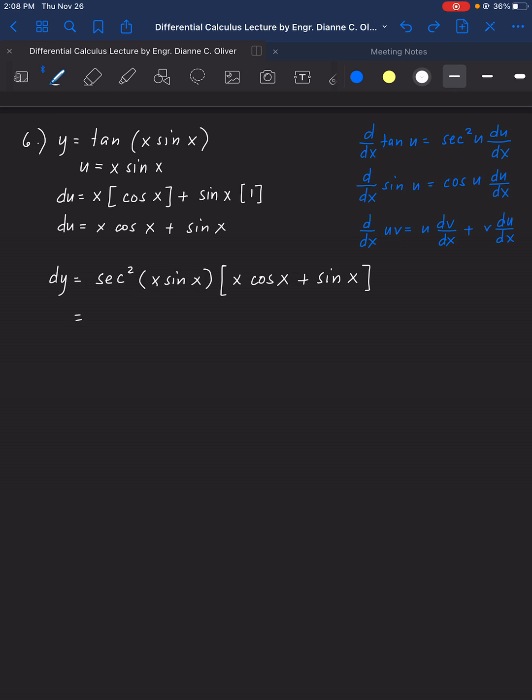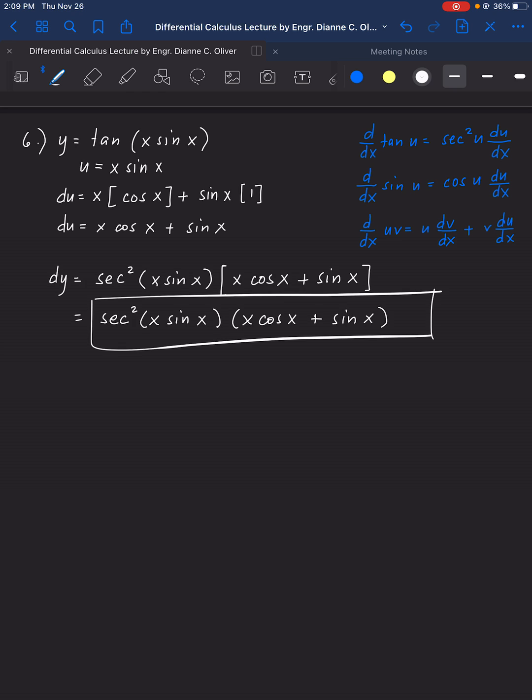So the final answer now is secant squared of x sine x, times x cosine x plus sine x. So that is the final answer. That's for sample number 6.